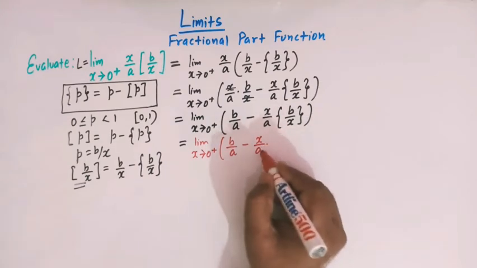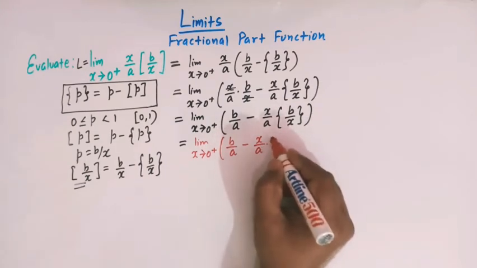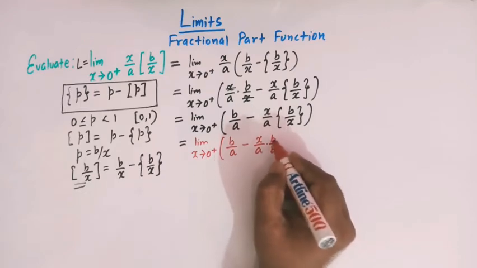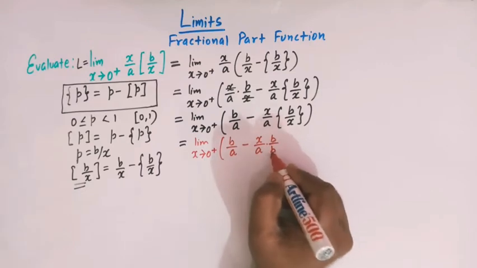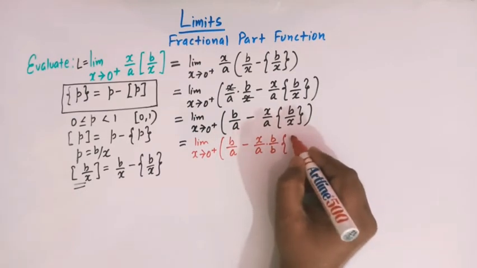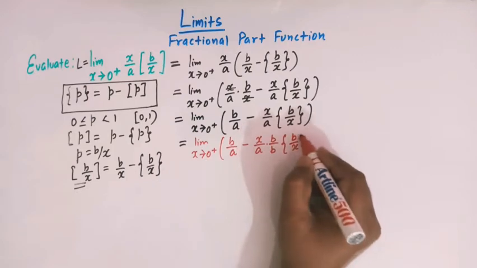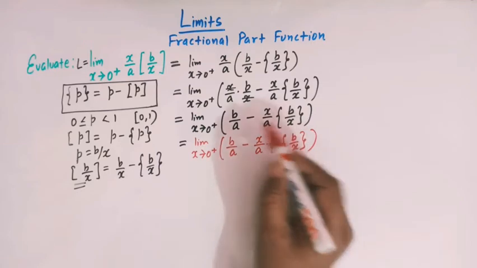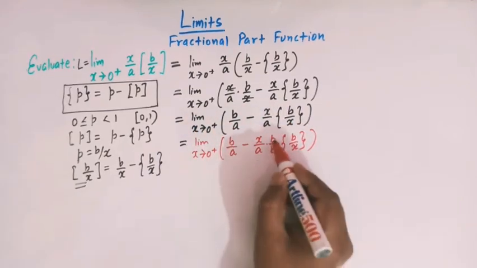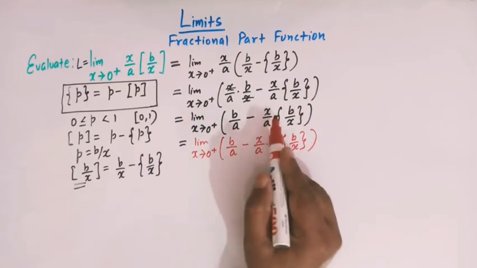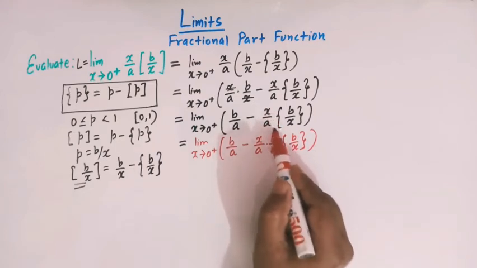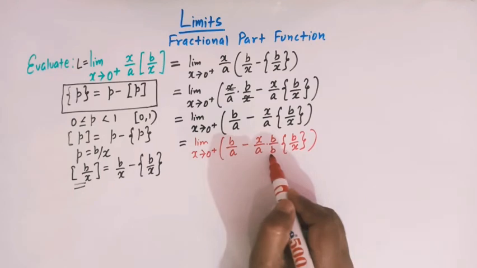Now we'll multiply by b and divide by b, so we have b over b, and here we have the fractional part of b over x, right? So here b and b get cancelled and we get the same result. What we have done here is multiply the numerator by b and the denominator by b, right?